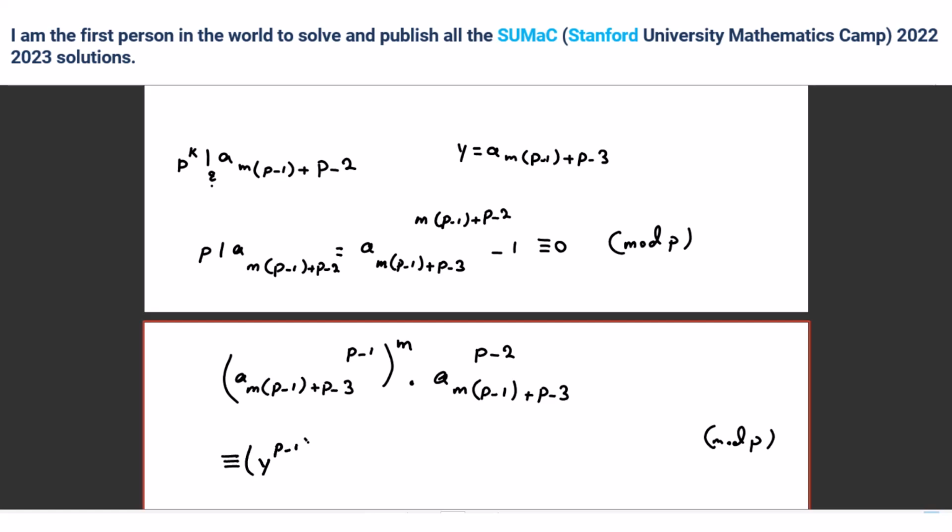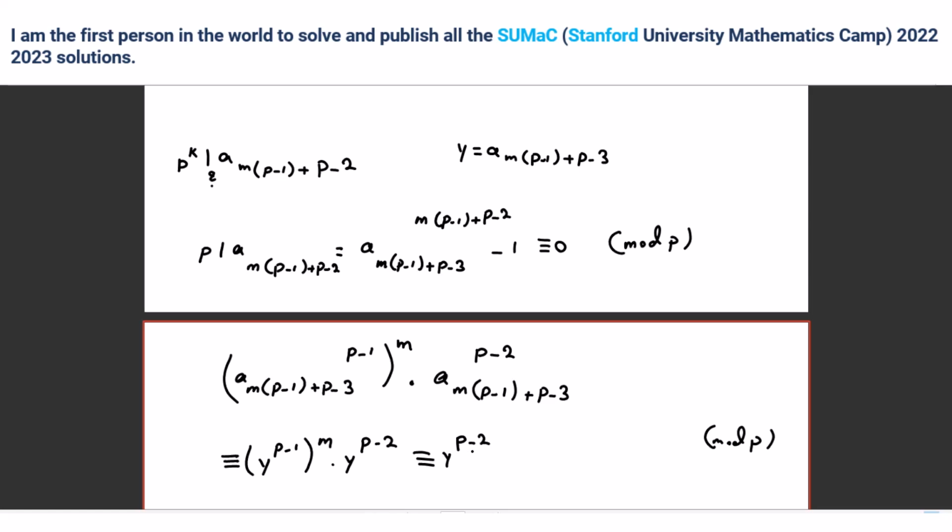It would be y to the p minus 1 to the m times y to the p minus 2. So y to the p minus 1 is what? Y to the p minus 1 is equal to just 1 mod p. Yes, so it would be equal to what? The whole thing. Just y to the p minus 2.